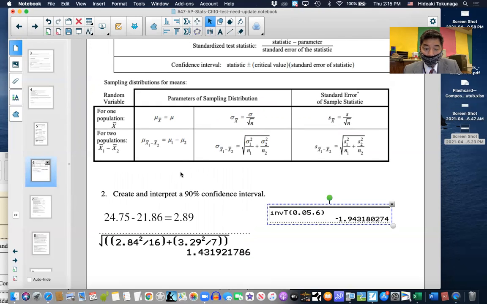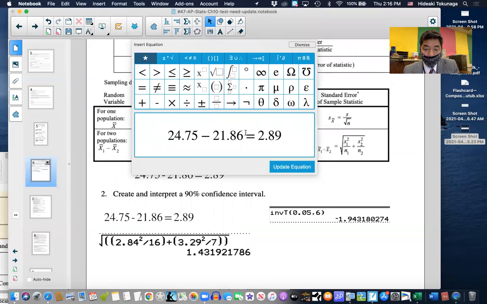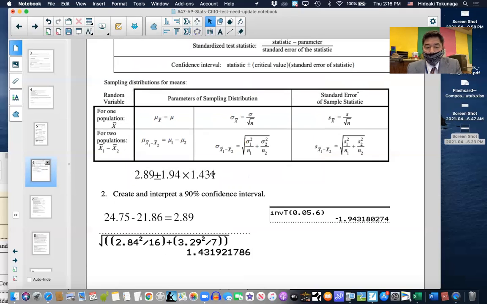The statistic is 2.89 plus or minus the critical value 1.94, times the standard error, which we came up with, 1.431. All right, so this is the equation.